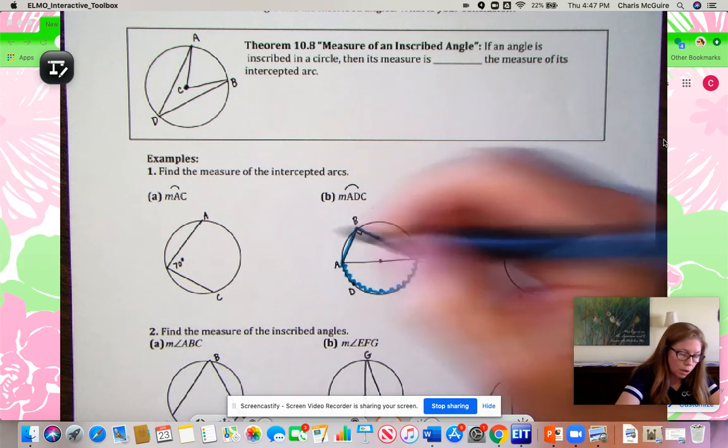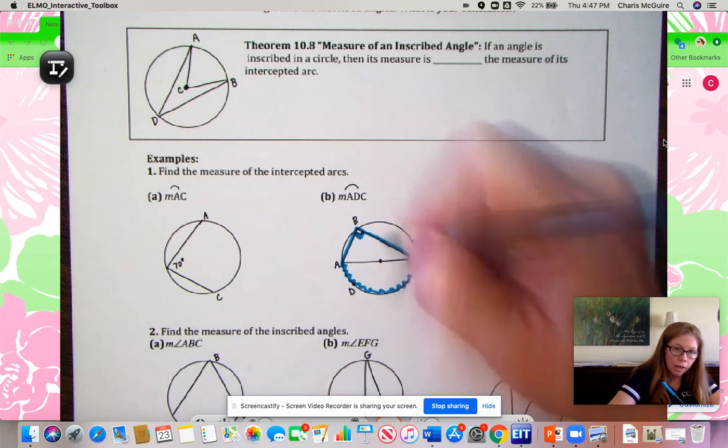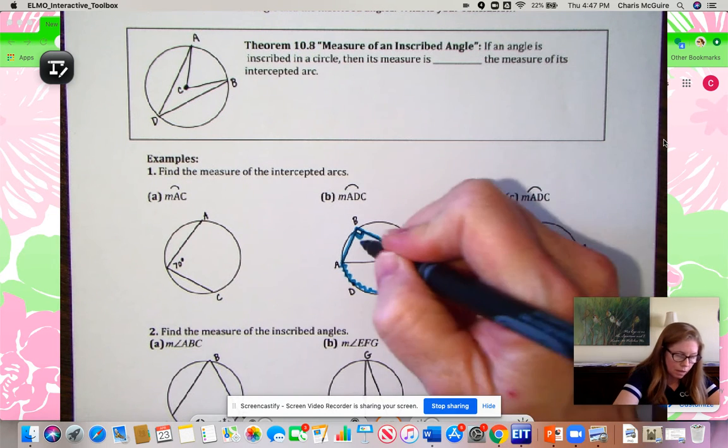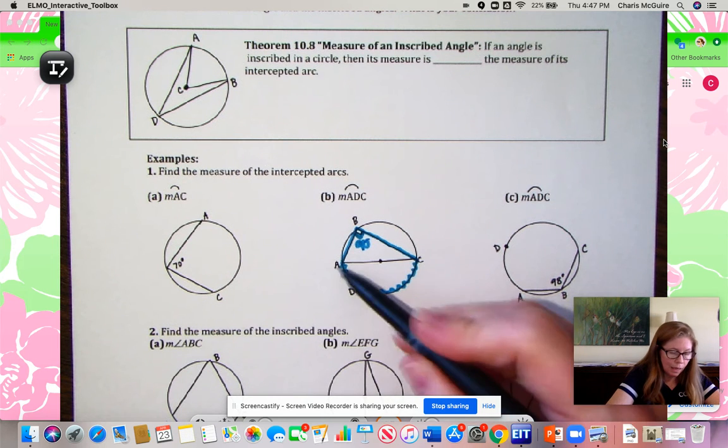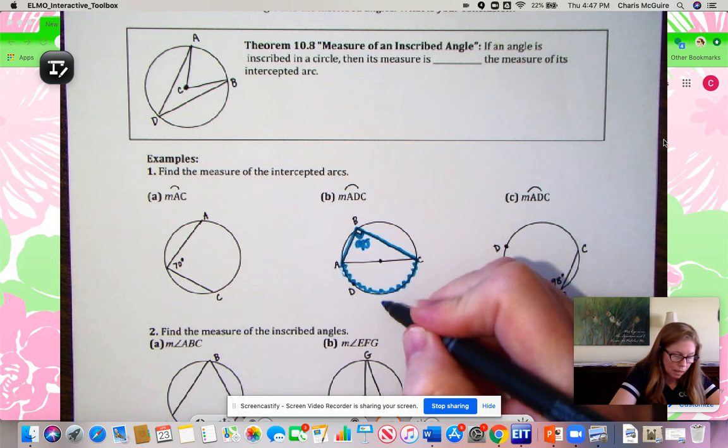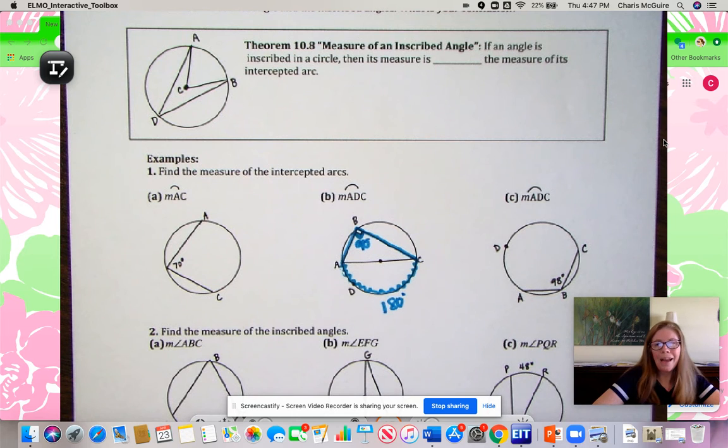So you guys know that the right angle is 90 degrees, right? We've got 90 degrees here. And you already know that a semicircle is 180 degrees. So that should help you out with the understanding of this relationship, right?